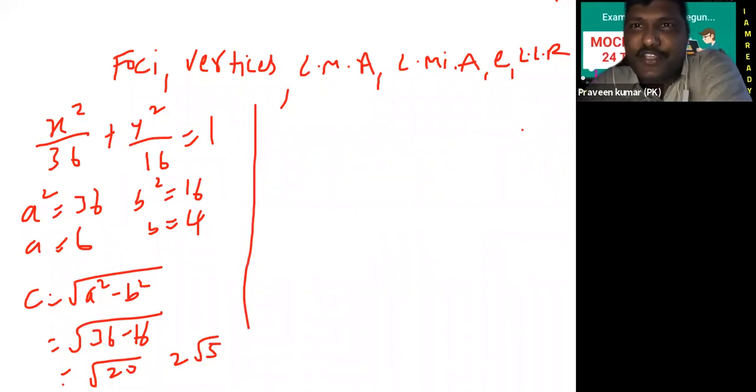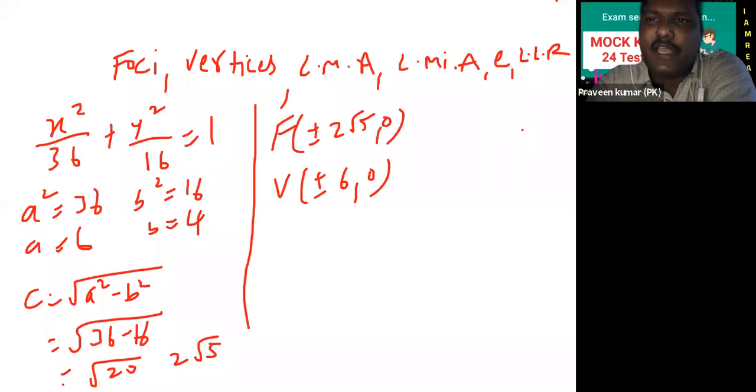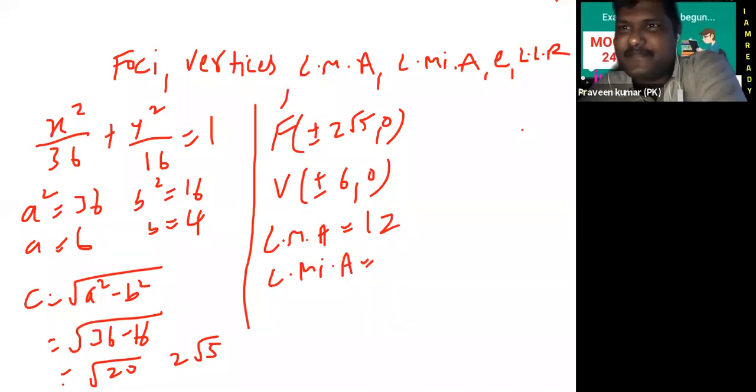Come back to our question. C we got, a we got, b we got. Foci formula: plus or minus c comma 0, so plus or minus 2 root 5 comma 0. Vertices plus or minus a comma 0, so plus or minus 6 comma 0. Length of major axis 2a, 2 sixes are 12. Length of minor axis 2b, 2 fours are 8.